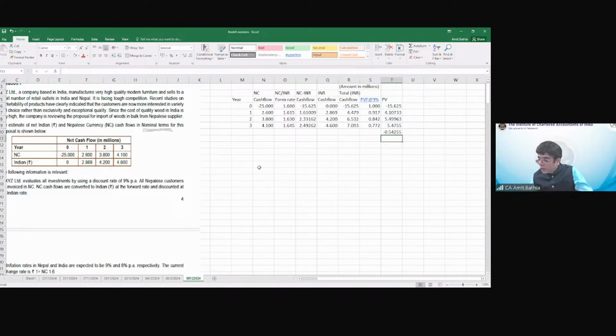I am getting minus 0.54255. Is everyone getting this? Now, probably if you are taking only 3 decimal points over here, especially in the inflows, then your answer will be slightly different. Is everyone getting this?